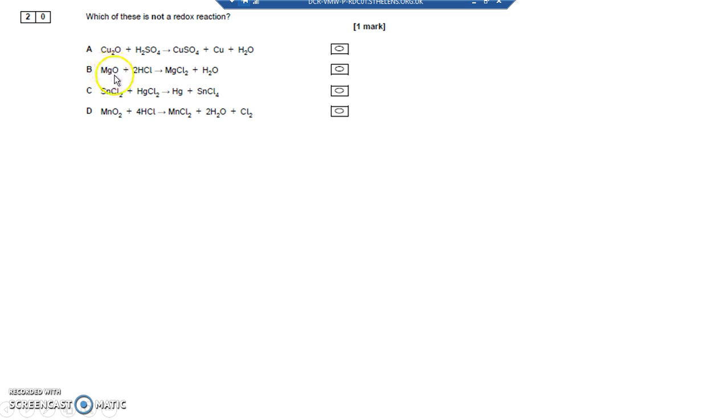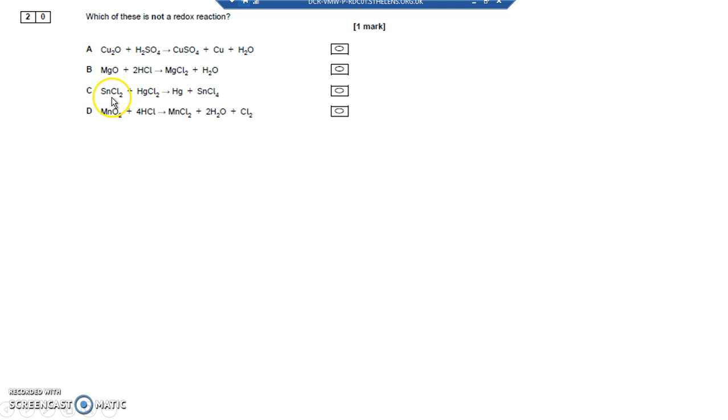Mg must be in +2. Cl is in group 7, gains 1 electron, -1 oxidation state, 2 Cl's, 2 minus 1's, Mg is in +2. Mg has stayed at +2 throughout, so that's evidence of no reduction or oxidation taking place. Your answer is B. Let's just check this out.